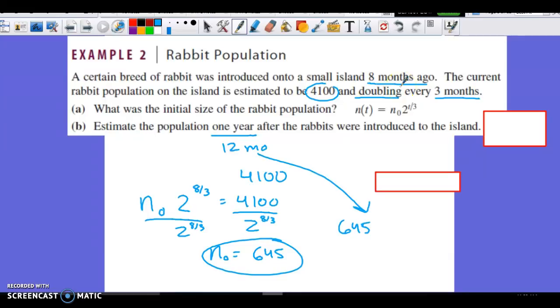So we actually figured out the initial amount, which is 645, and if I want to know after 12 months, I'm just going to plug all of this in. 645 times 2 to the 12 over 3 is 4. And there's my answer. So that's kind of crazy that it grows that fast, but if you're doubling that often, you're going to end up with a lot.